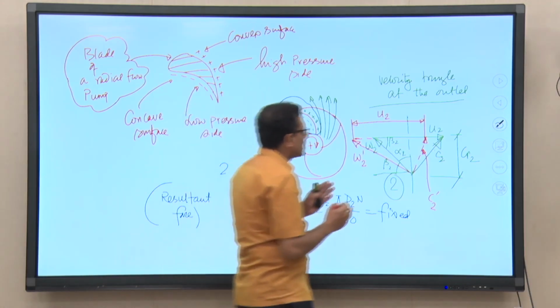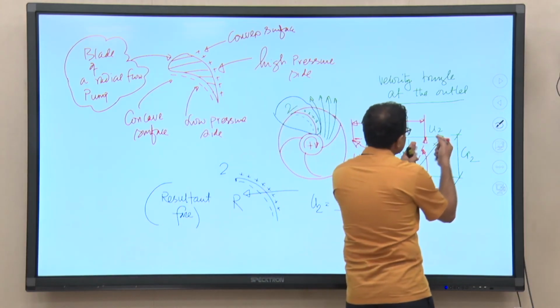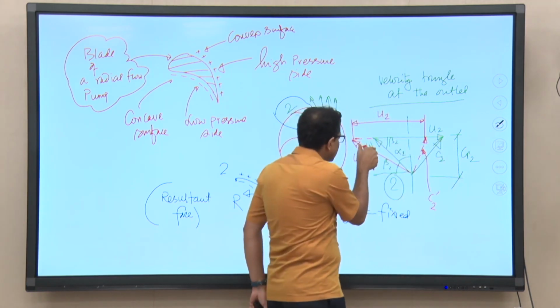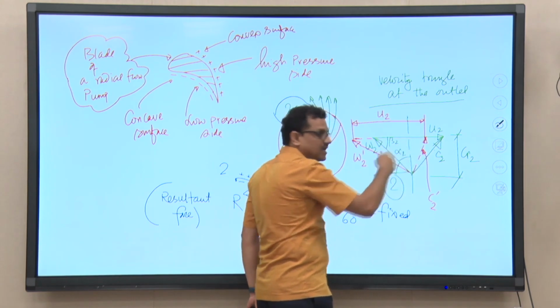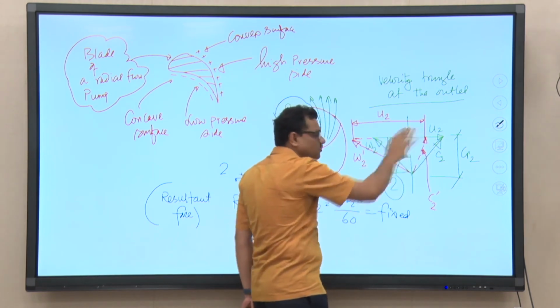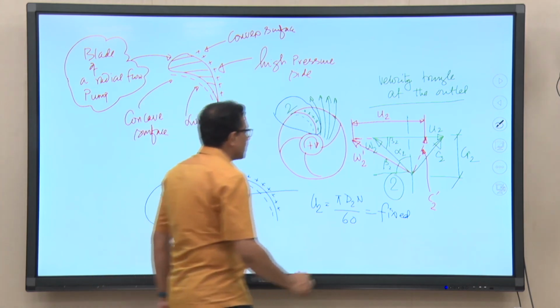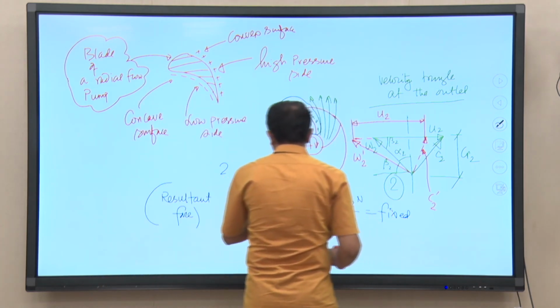Now, because of this shifting of the relative velocity and the absolute velocity at the outlet from their original position to the new position, the head developed by the pump H equals U2 C theta 2 minus U1 C theta 1 by g.